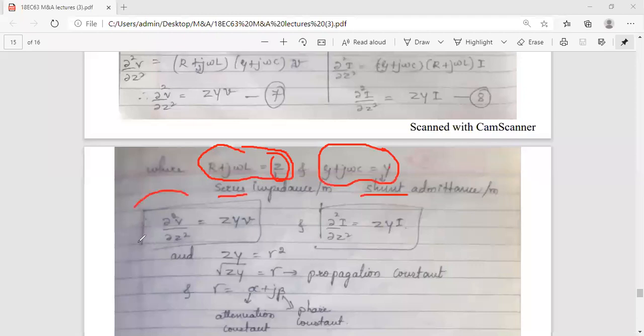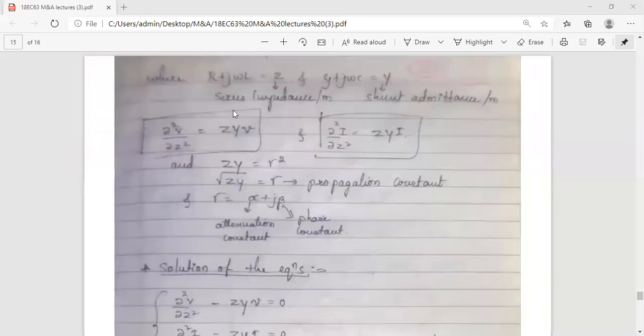So these are the two equations which we got, equation 7 and equation 8. Further, this is very important because based on this particular parameter, your second derivation exists.